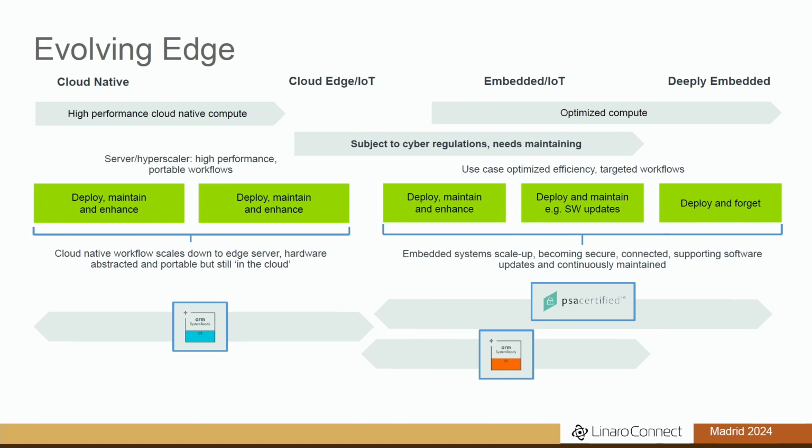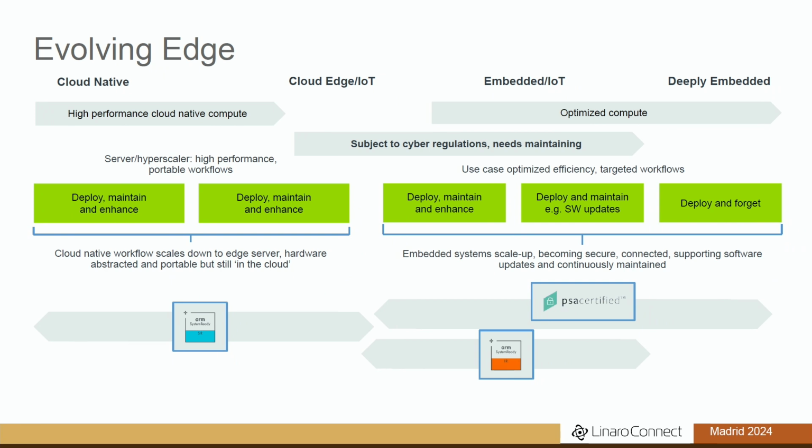And then as you move from either side towards the middle, or especially from the deeply embedded end, their expectations for deployment are increasing. You need to be able to do updates for security, for example, or to improve the functionality, or in the current AI world, to change the model to make it better for whatever particular thing. So as you go towards the middle, you're seeing more of a drive towards being able to do those things.